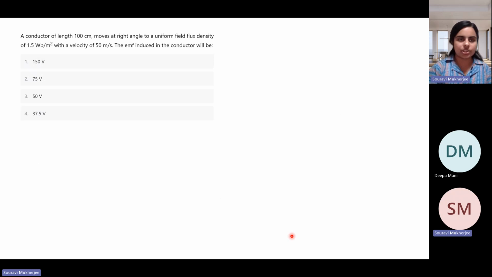Okay, so now this is a question. You have a conductor of some length, and it's moving at right angle to some given magnetic field B. The flux density is given, and the velocity of the motion is also given. It asks what the induced EMF in the conductor is. Can you try to solve the question? It's something we have already discussed the theory of, so it's good practice to try to solve it.